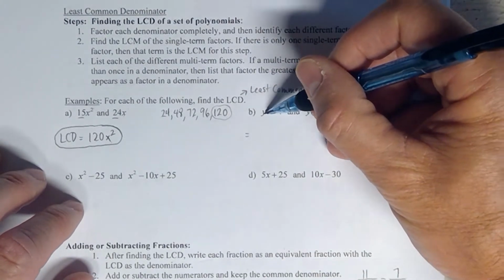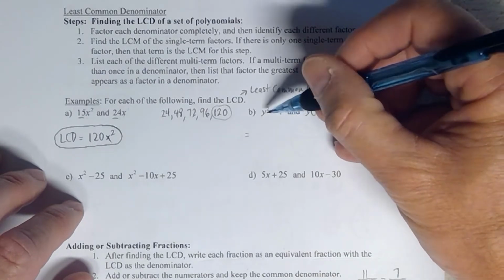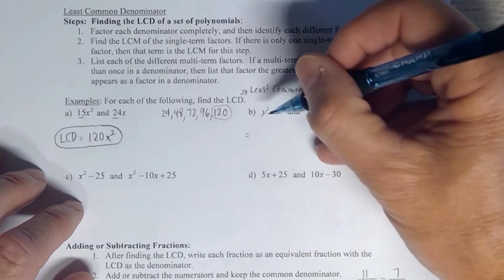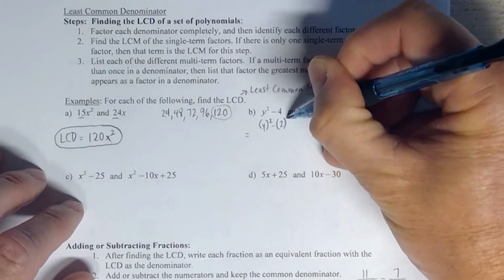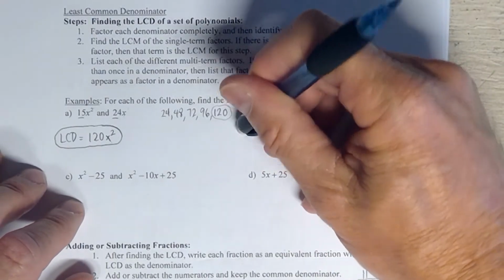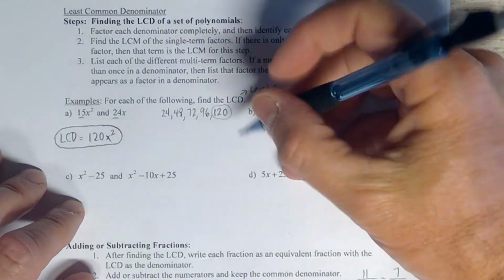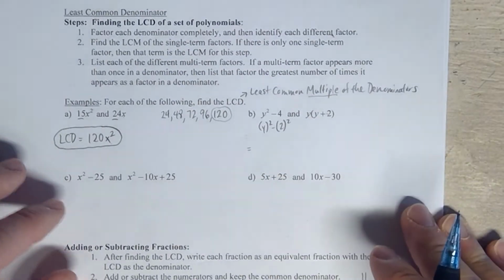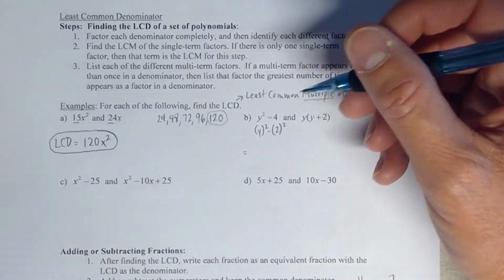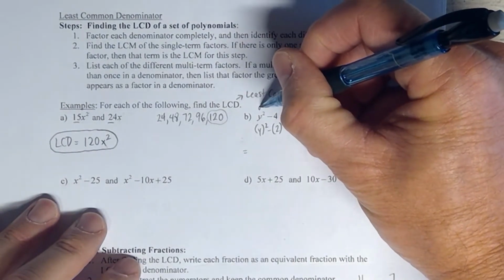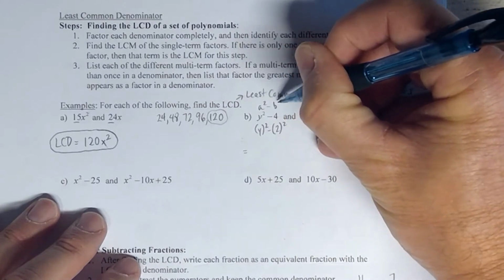Now, this has a GCF of 1, so I'm going to skip the GCF step, and then you can see that this is y squared minus 2 squared. So using the a squared minus b squared formula, which is the only formula you need to be concerned about when you have two terms at this point in time, a squared minus b squared, what is that?